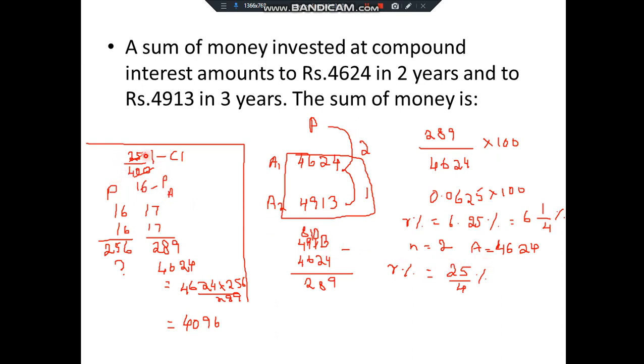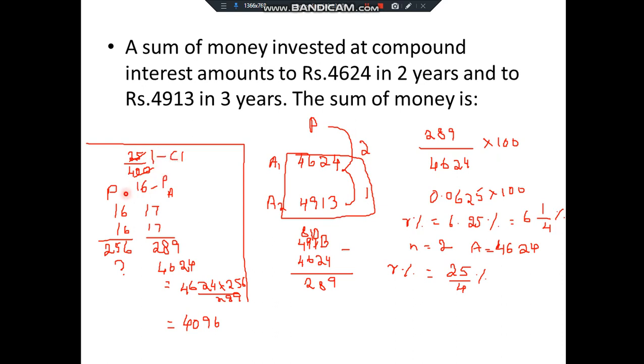So what is this? 6 1 by 4 is nothing but 6 into 4 plus 1, which is 25 by 4, right? R percentage. So 25 by 4 percent means 25 by 4 into 100, which is 400. On simplification, that is the fraction method I have converted. So on simplification you get it as 1 by 16, where 16 represents your principal and 1 represents your compound interest.